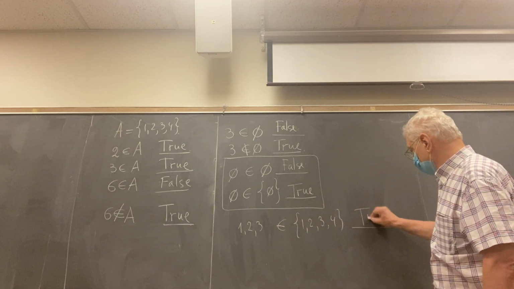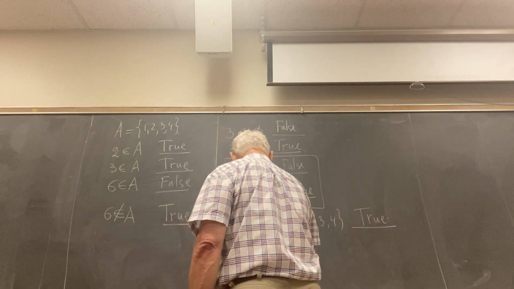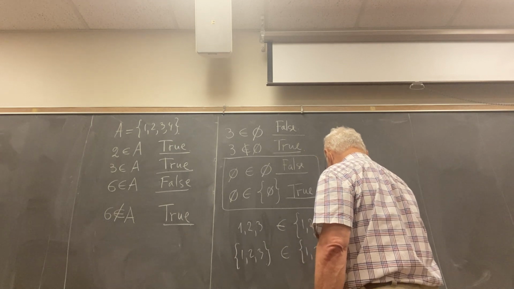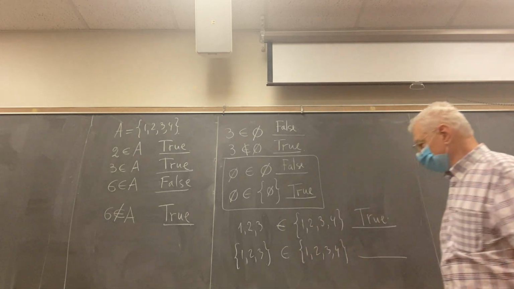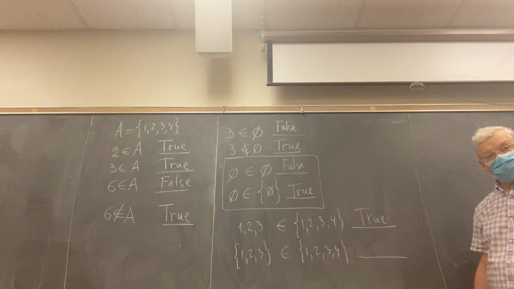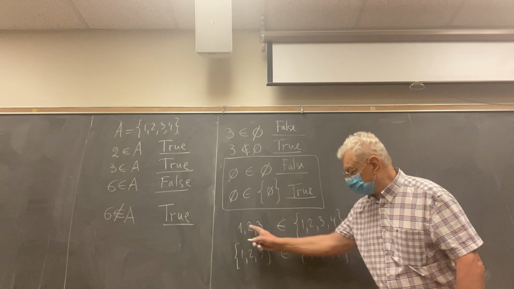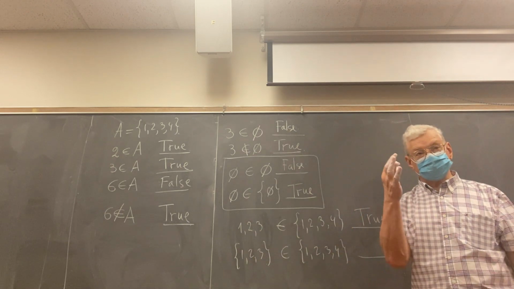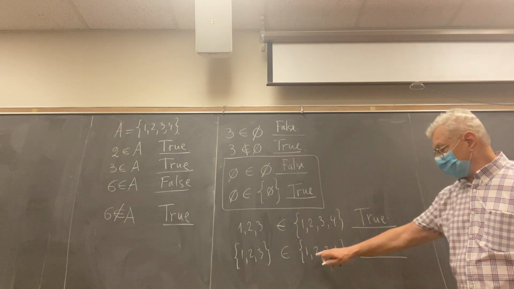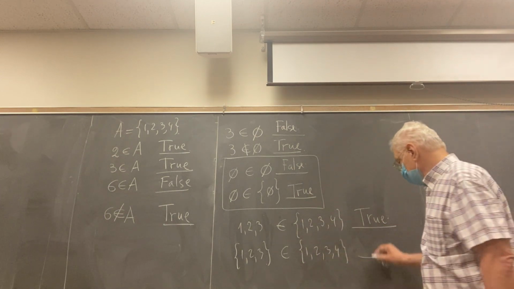So it's true. But now let me write braces: {1, 2, 3} belongs to {1, 2, 3, 4}. Is it true or false? It would be false. How come? Because now that's a completely different thing. It's a set, but it is one object, and this object is not in here, because here there are only the numbers 1, 2, 3, 4, not a set. So it's false.